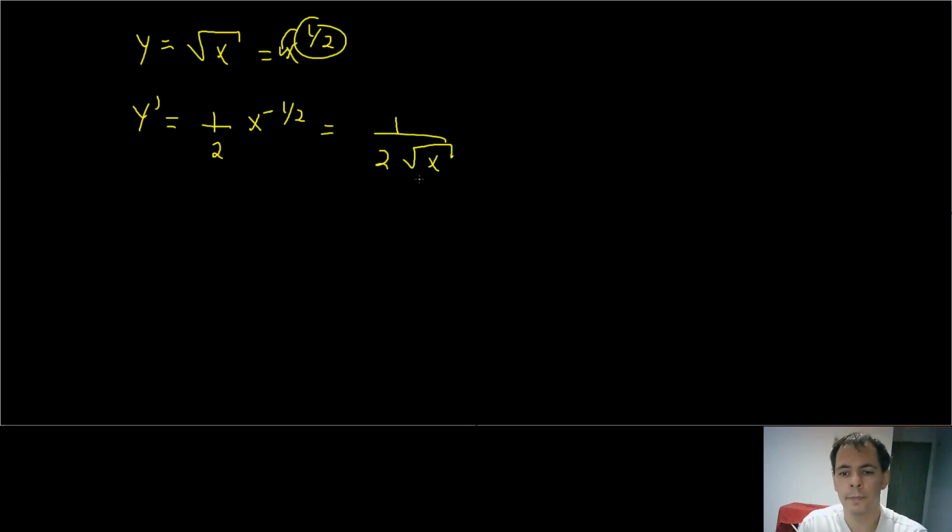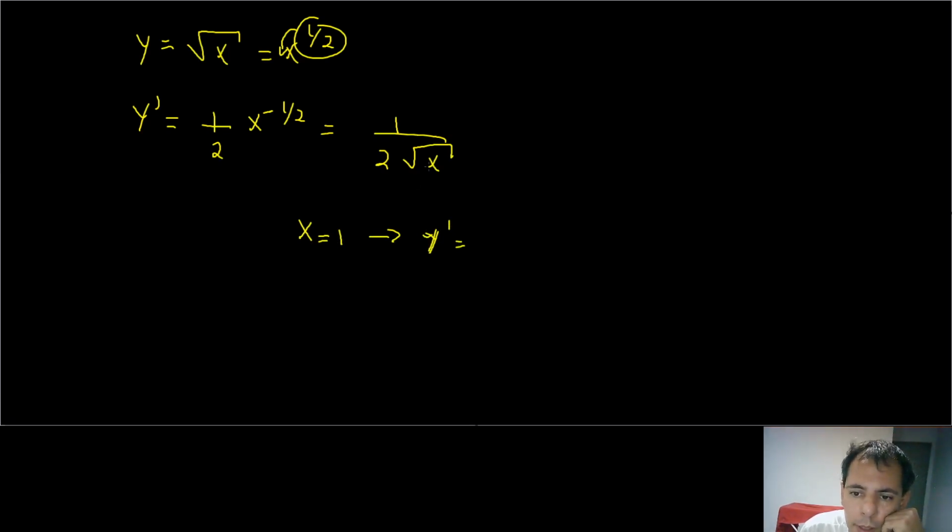Now, I got a graph here for this example. For example, at x equals 1, what is going to be the derivative?